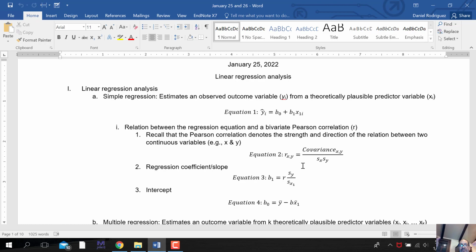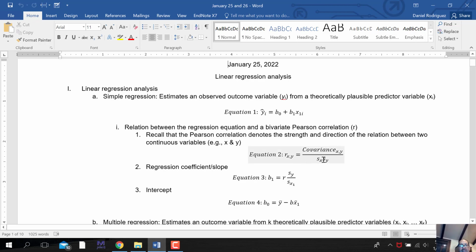Correlation is where we correlate two variables together, right? So we see how they move in relation to one another, how each variable moves in relation to the other. So if, for instance, we're correlating ice cream consumption with weight, they'll be positively correlated. The more ice cream you eat, the more you weigh. If we correlate hours of exercise with weight, probably they're negatively related. The more exercise you do, the less you weigh.